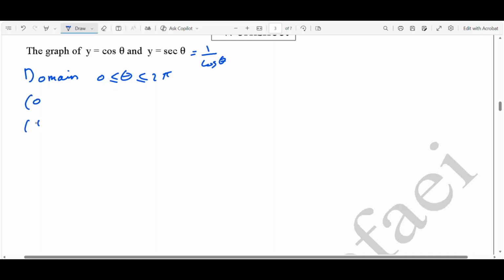0, pi over 2, pi, 3 pi over 2, and 2 pi. Cos 0 is 1, cos pi over 2 is 0, cos pi is negative 1, cos 3 pi over 2 is 0, cos 2 pi is 1.